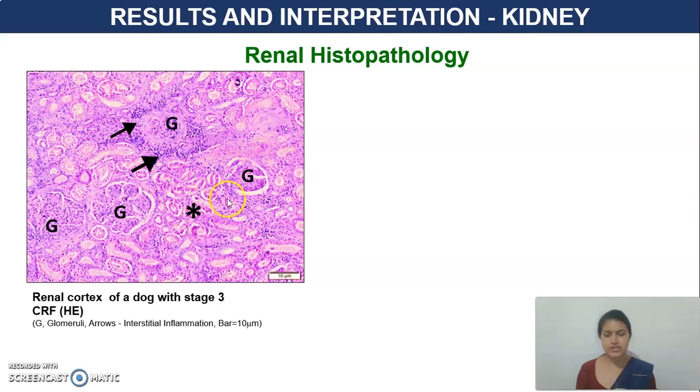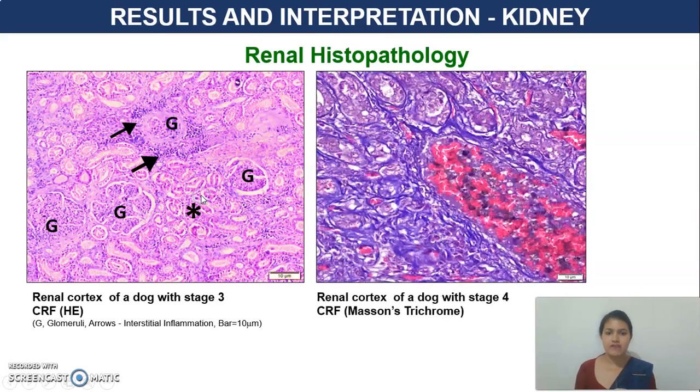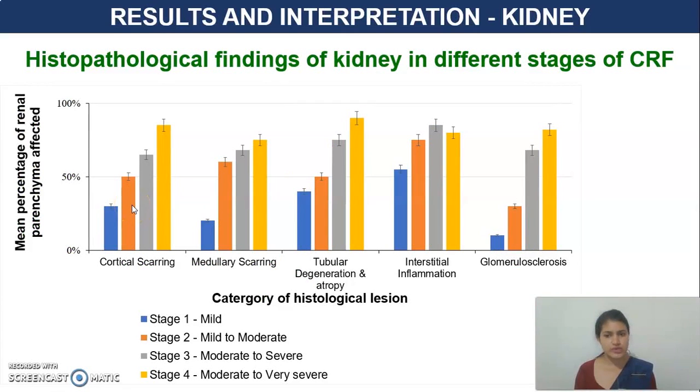And in this region, you can see the degenerating tubules with mild atrophy. And we have confirmed corticomedullary fibrosis using Mason's trichrome stain where the collagen fibers are stained in blue color. When we compare these lesions, all of them have shown a progression along with IRIS stages, but the interstitial inflammation was less evident in stage 4.